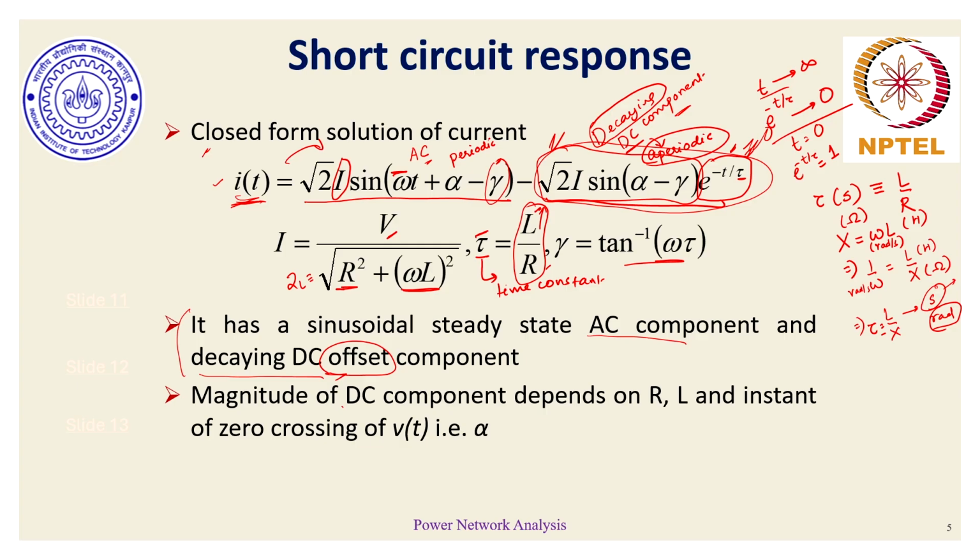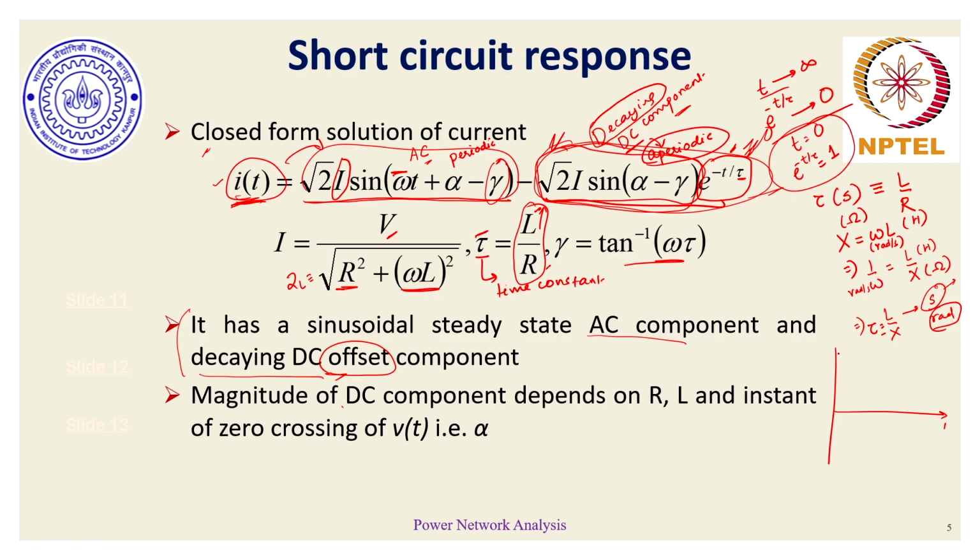Essentially, I have explained the nature or behavior of this armature current, analogous armature current in a series RL circuit. If I were to plot this I of t as a function of time, with the x-axis as time t and the y-axis as I of t, at t equal to 0, apart from the sinusoidal component, I will also have the DC component, because at t equal to 0, e to the power minus t by tau would be equal to 1.